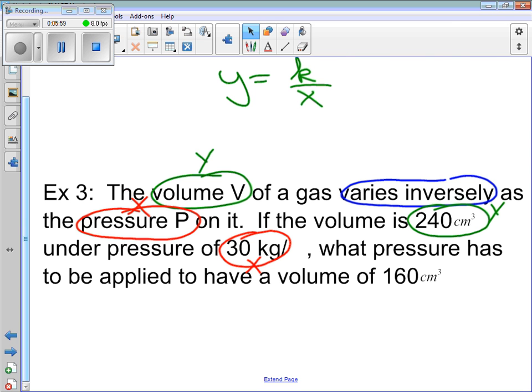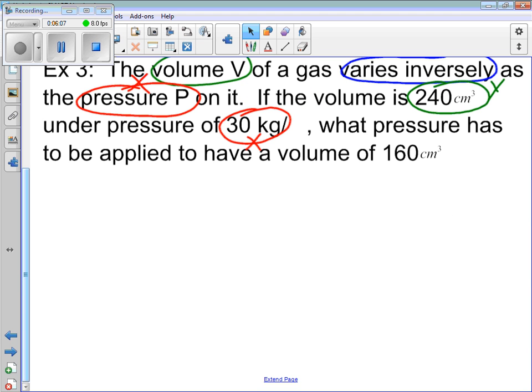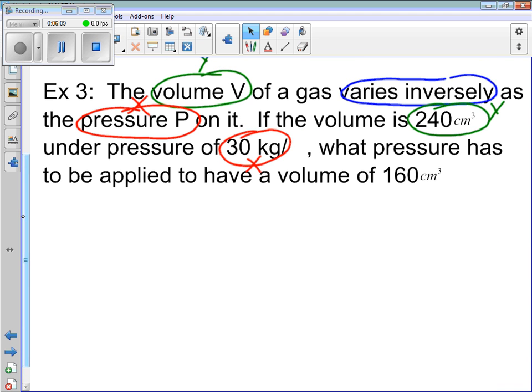This is going to help us find the k, the constant. That's going to help us find what the actual question is asking. So we have y equals k divided by x. We're going to substitute in 240 for y.